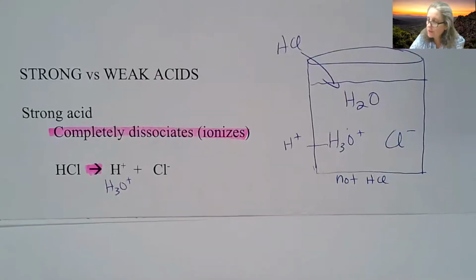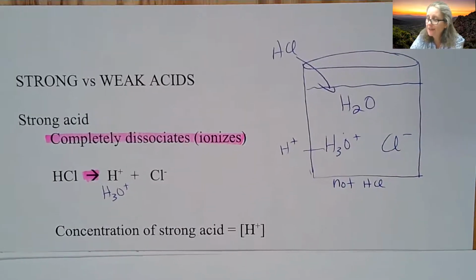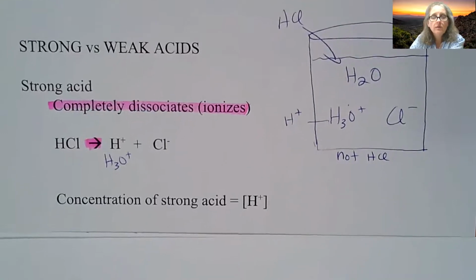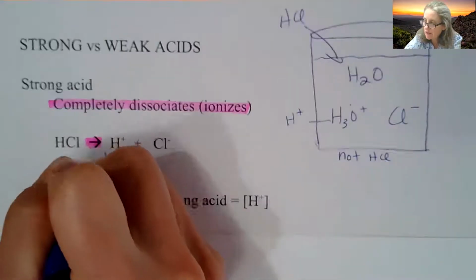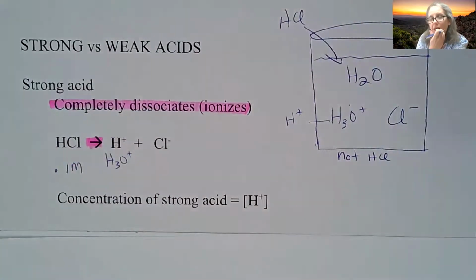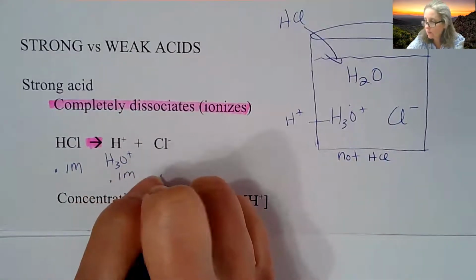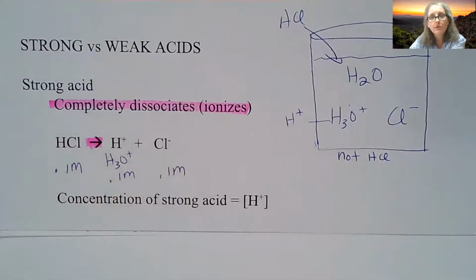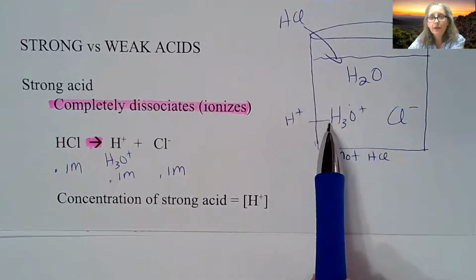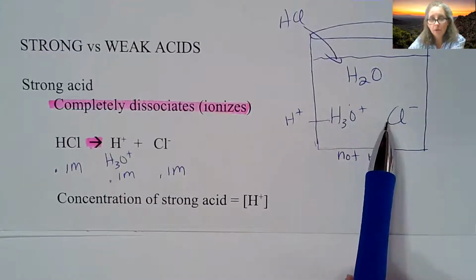Going back to our discussion of concentration, when we are doing strong acids, if I have a 0.1 molar bottle of hydrochloric acid from the stockroom, what does that tell me about the concentration of those ions? Well, it's exactly 0.1 for each one of those. I will be just as likely to find the hydronium ion as I am the chloride ion.